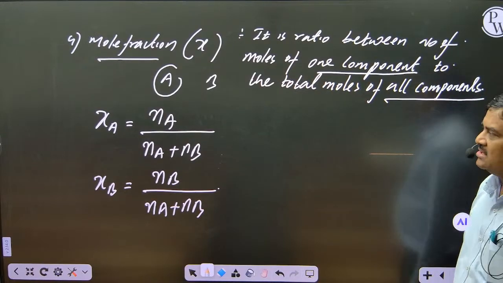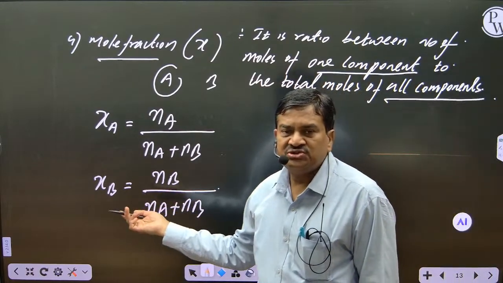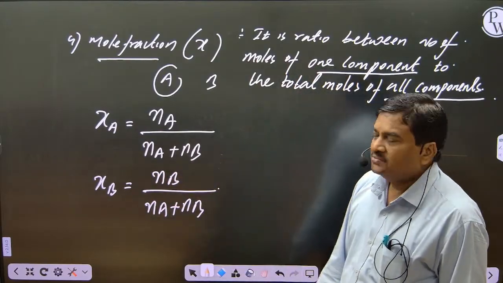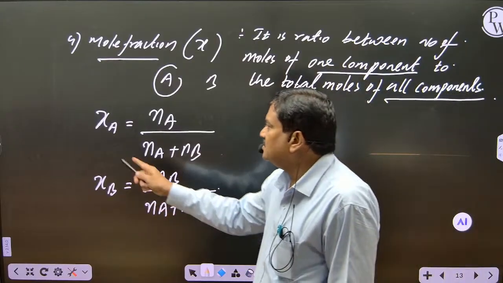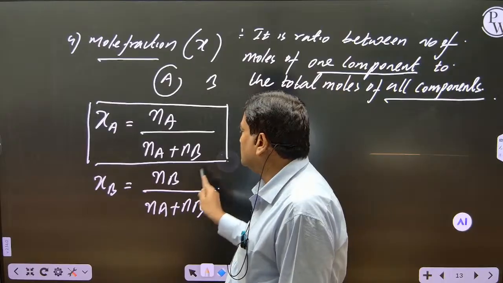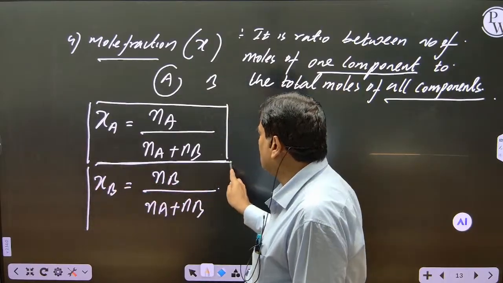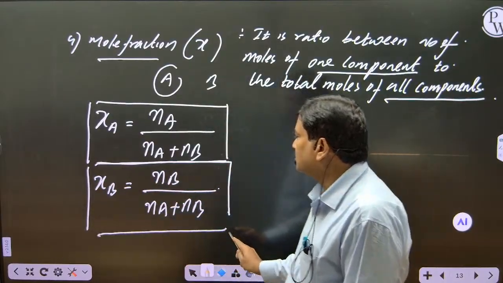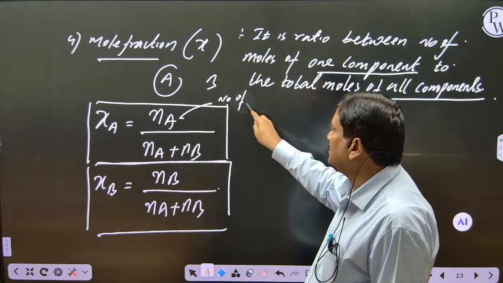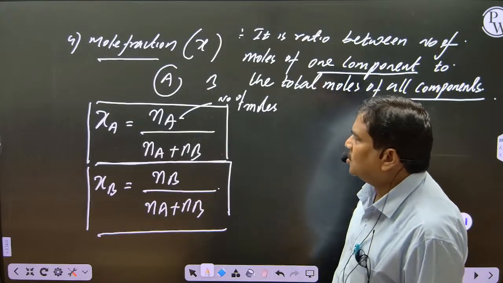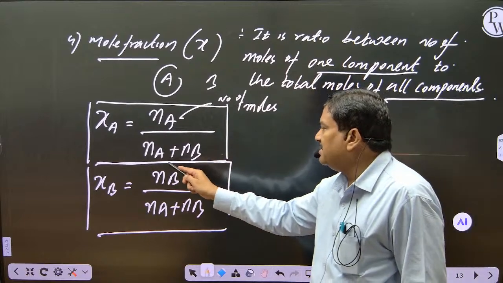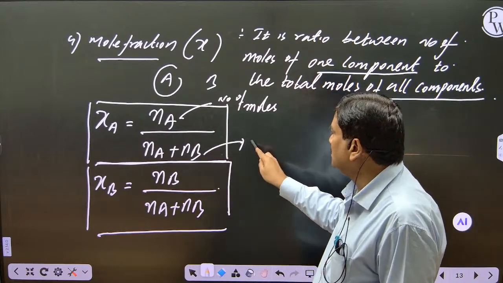Understood, student? Simple, it is a ratio. And write this relation. What is this n A? Number of moles. You know how to get moles: mass by molar mass. Moles of A component by moles of A plus moles of B.